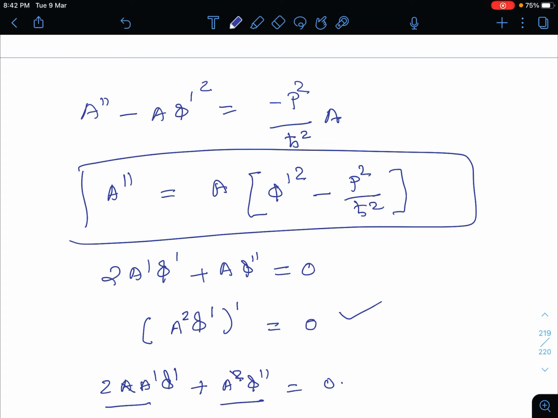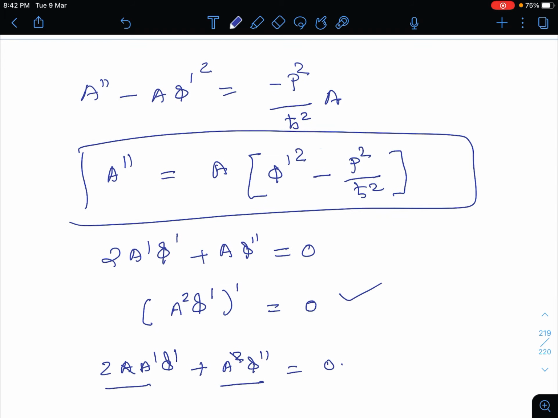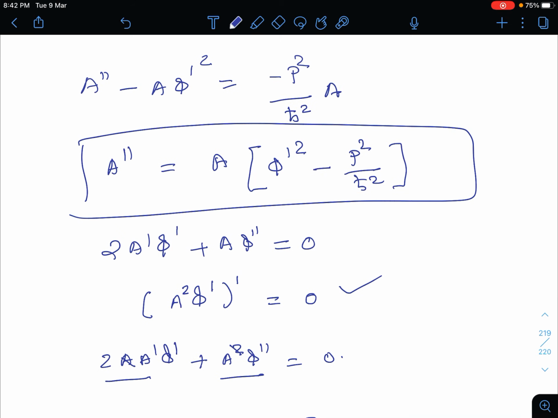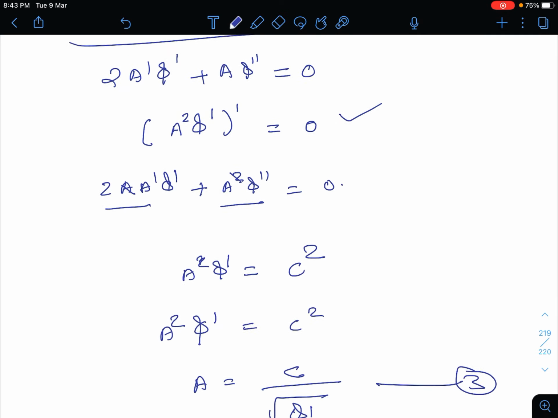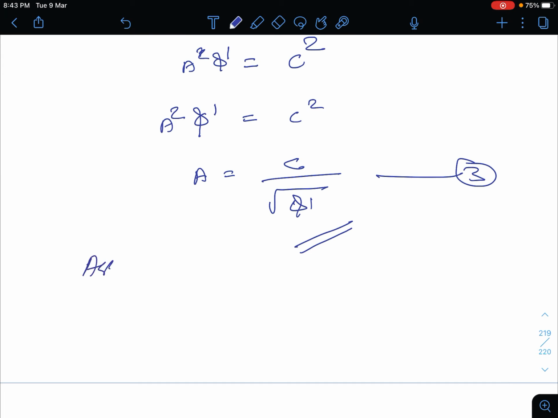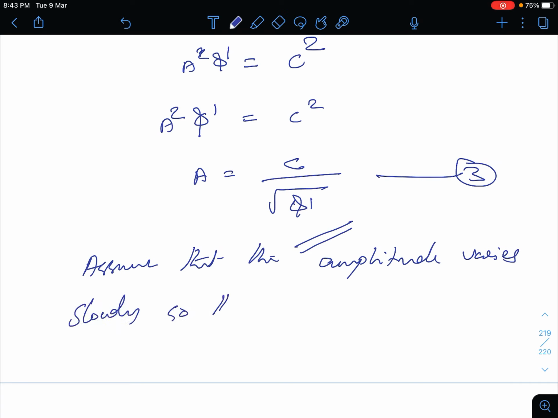Okay, this cannot be solved in general. It's a very difficult equation to solve. So we assume that the amplitude a varies very slowly, so that a double dash is negligible.